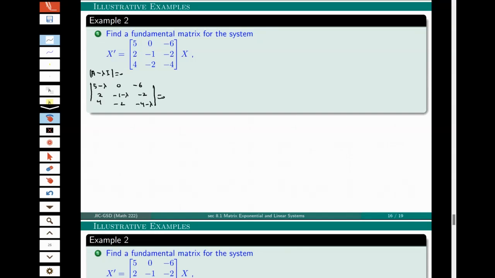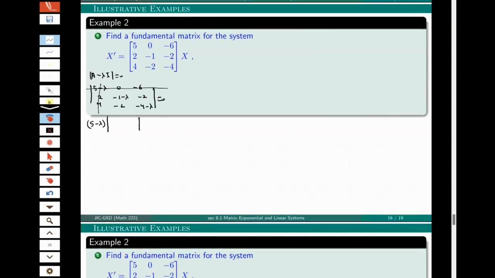Now, that will be 5 minus lambda times the minor, which is minus 1 minus lambda, minus 2, and minus 2, minus 4 minus lambda. Then minus 0 to go, plus minus 6, and the minor of minus 6, it will be 2, minus 1 minus lambda, 4 and minus 2, equal to 0.